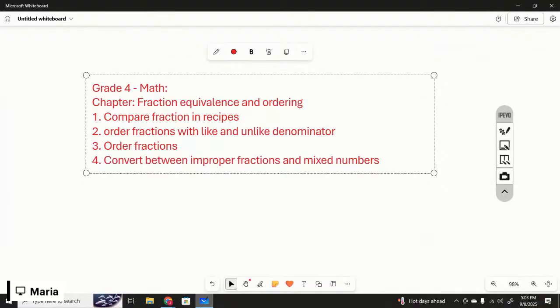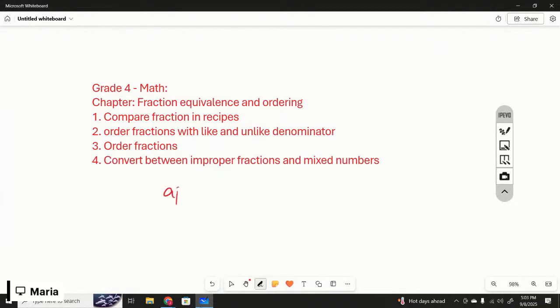We are here for grade 5 math, grade 4 math. You can find all the lessons on aplusstudents.com.